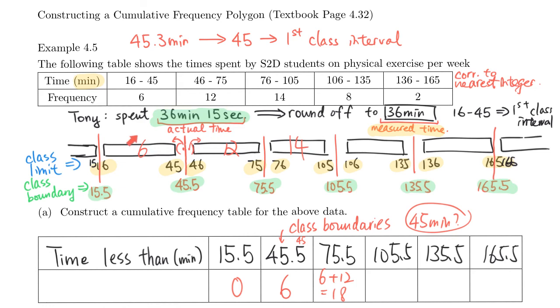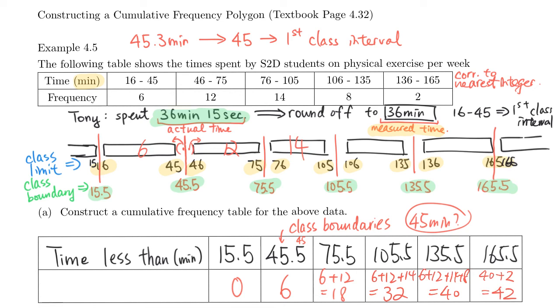It's all these 3 groups, right? So you add them up, 6 plus 12 plus 14. That gives you 32. And then similarly, you just add them all up, 6 plus 12 plus 14 plus 8, that is 40. And then add the new group, 42.